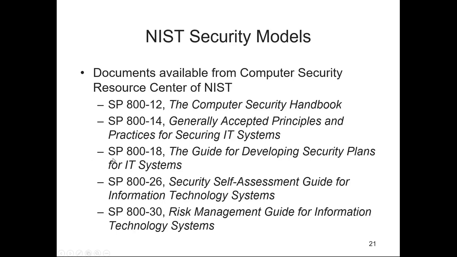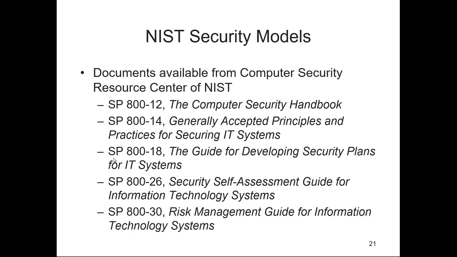Another approach available is described in the many documents available from the Computer Security Resource Center of the National Institute for Standards and Technology, NIST. These are among the references cited by the government of the United States when deciding not to select the ISO/IEC 17799 standards.